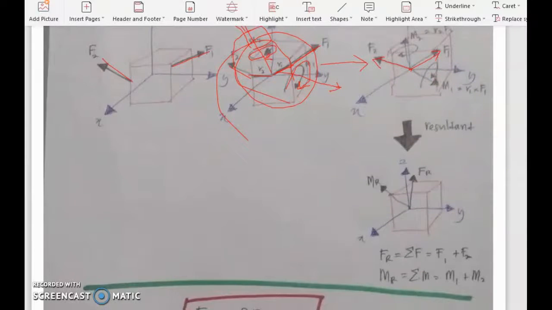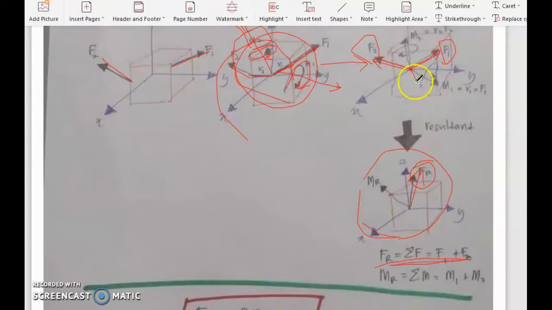So we can further simplify this model into this model, where you replace these two forces with only one force, which is the resultant force. To get the resultant force, you simply sum up these two forces using this formula.